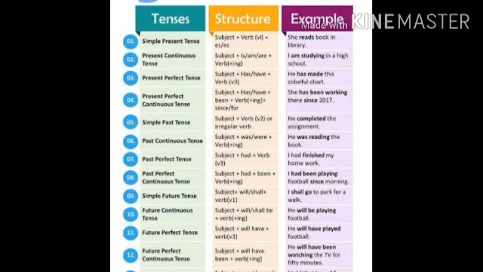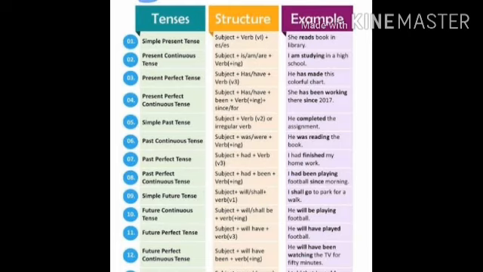Students, in present indefinite tense, the formation is subject plus first form of verb plus object. Students, in present indefinite tense, in case of third person singular number, s or es is added with the verb.